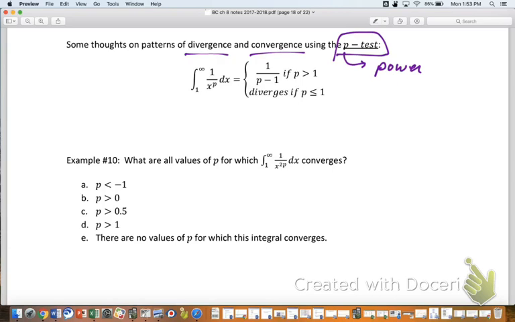Then, if p is bigger than 1, so 1.1, 2, 3, 5, 9.6, 27, 36, whatever, that integral converges to 1 over p minus 1. Interesting, right? But if p is smaller than or equal to 1, then we're heading towards infinity. Divergence.